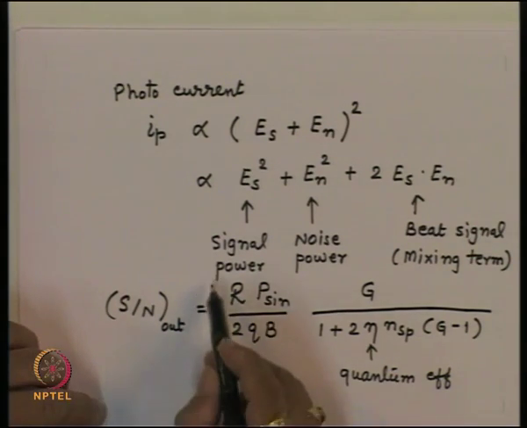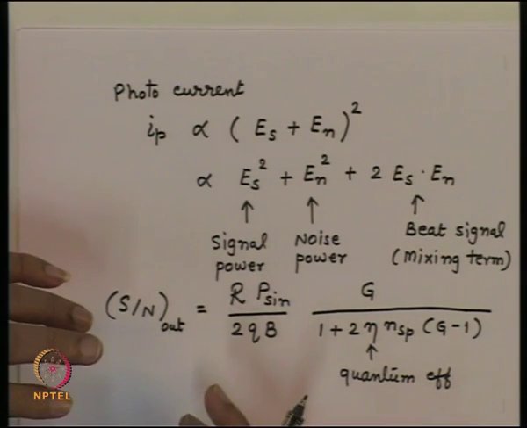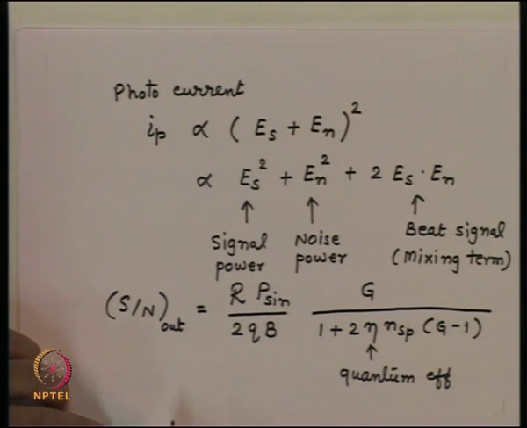Now this quantity is nothing but the signal to noise ratio which you would get at the input, or in the absence of this amplifier.